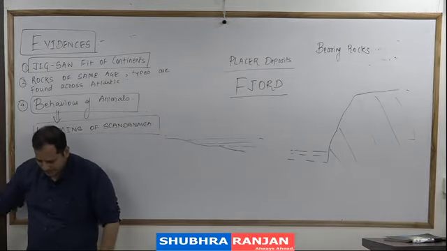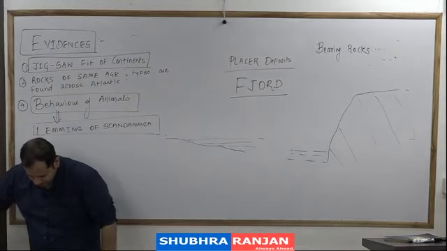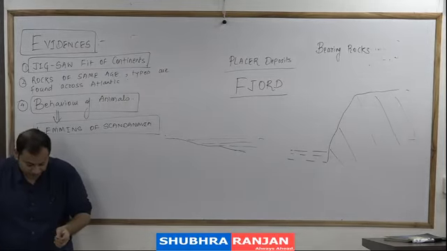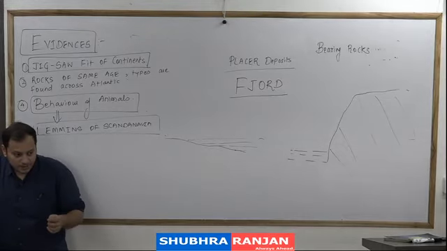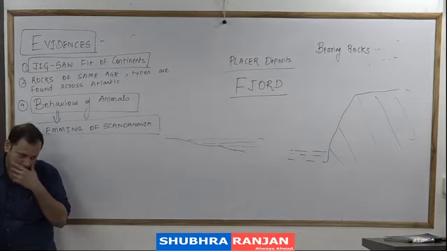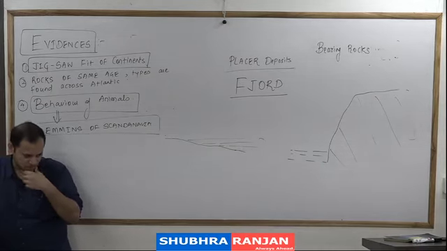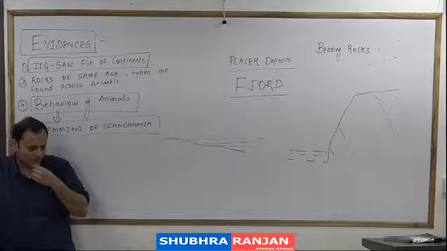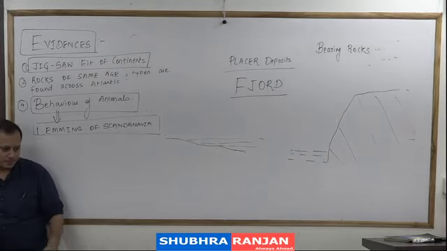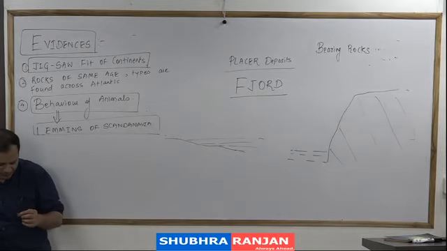Lemmings migrate westwards whenever there is population increase, but they fall into the sea. They fall into the sea on the Norway coast.